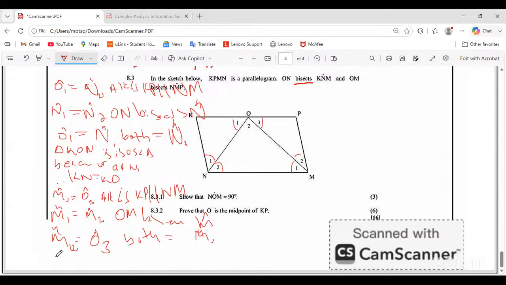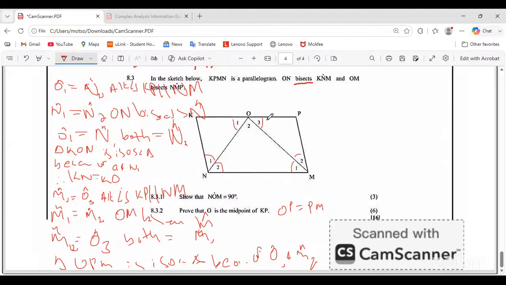Good. Now, triangle OPM is an isosceles triangle. Why? Because of angle O3 and angle M2, right? If this is an isosceles triangle with these angles equal, we say this side is equal to this side. We will say OP is equal to PM, right?